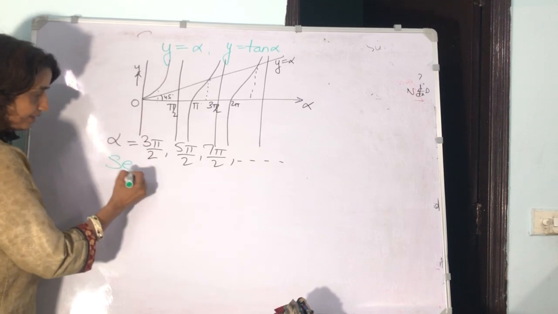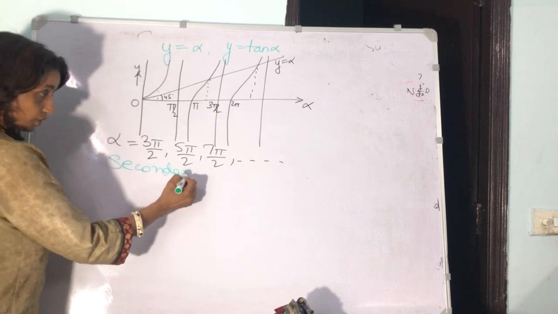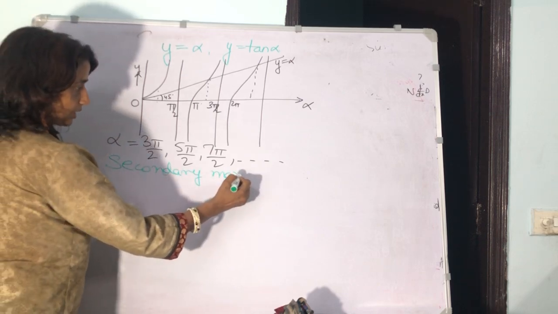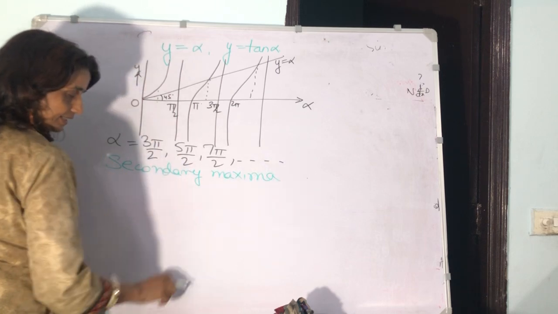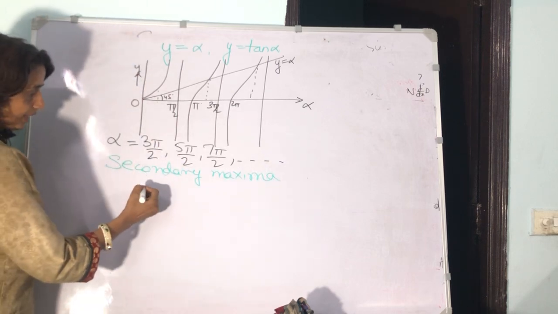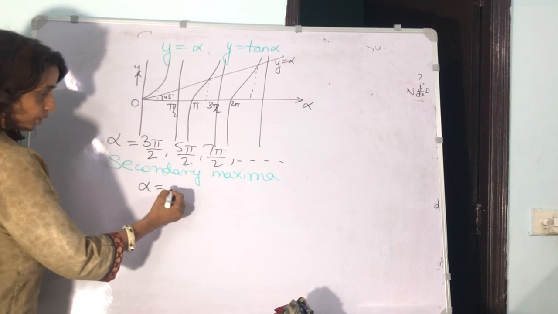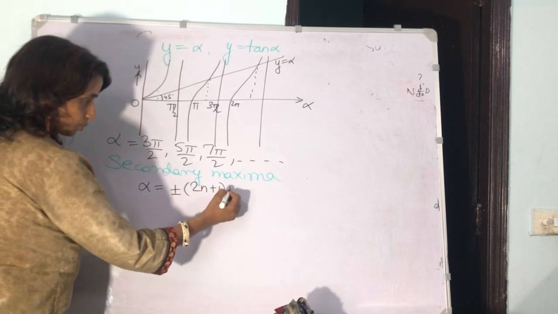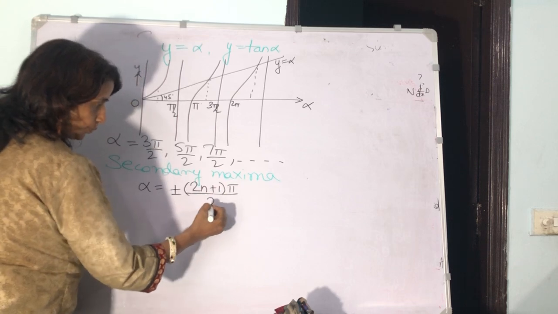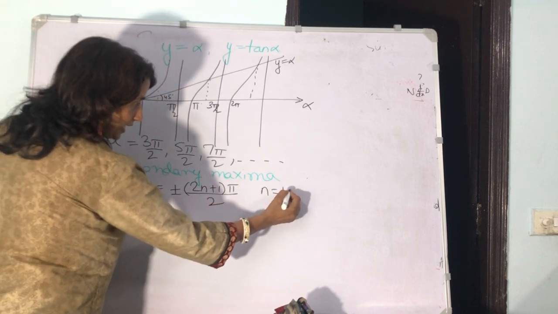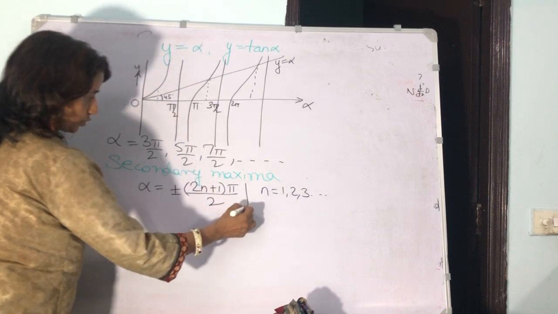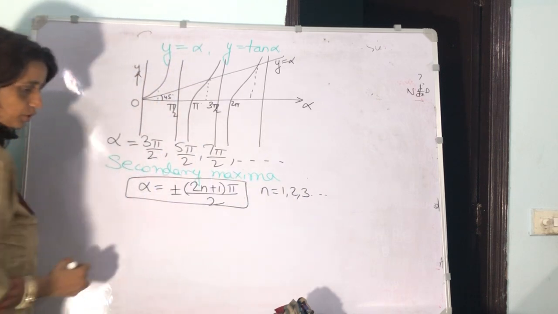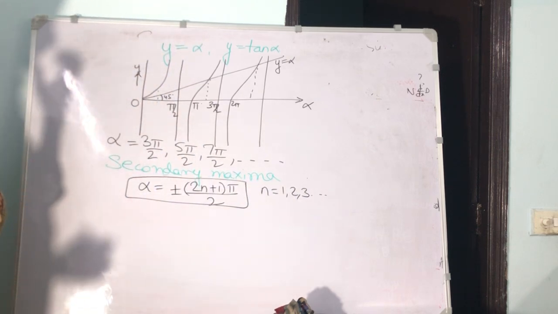This is also used in numericals. The secondary maxima is given by alpha is equal to plus minus 2n plus 1 pi by 2, where n is 1, 2, 3 and so on. This gives us the position of secondary maxima.